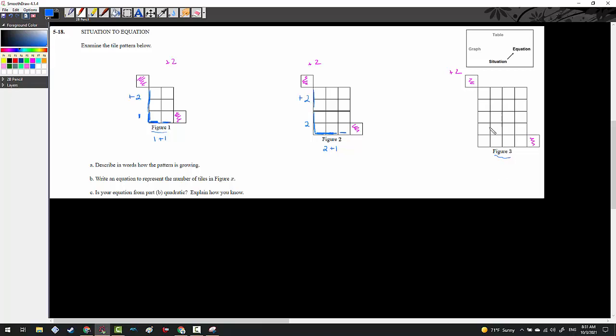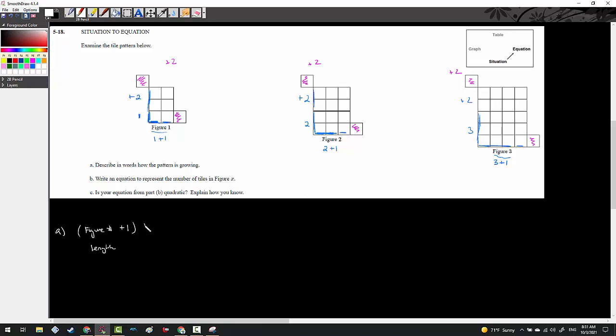And then figure 3, as you can probably see by now, looks like there's 3 of these side lengths plus another 1. So I'm looking at 3 plus 1. Those same 3 heights will be 3 and then plus 2. So if I had to describe in words how this tile pattern is growing, I would say the tile pattern is growing with a figure number plus 1, and that seems to be the length of the shape.